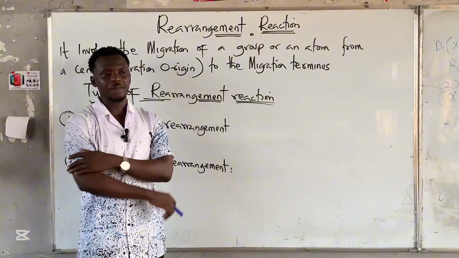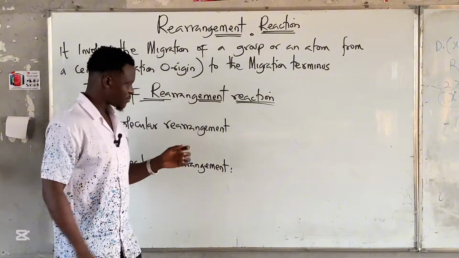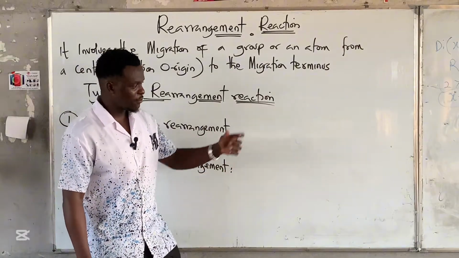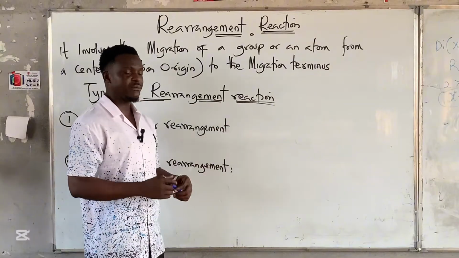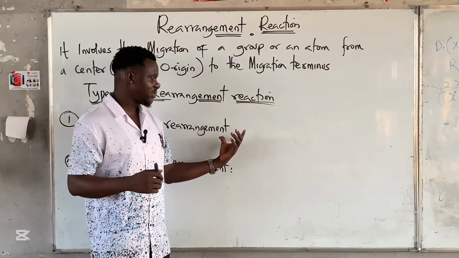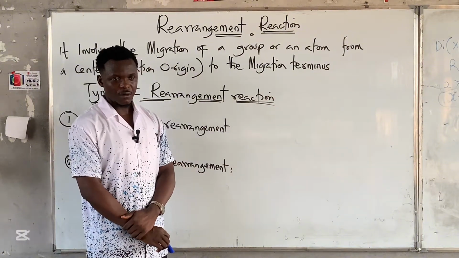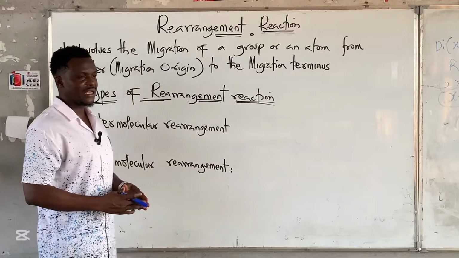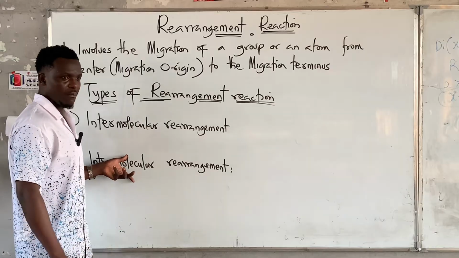It's a case where the migrating group is actually detached from its origin and then moved to its terminus. So it's a type of rearrangement where the migrating group is detached from its origin and placed in another position, right? Okay, now what is intramolecular? Intramolecular is a case where the migrating group is never detached from the compound.